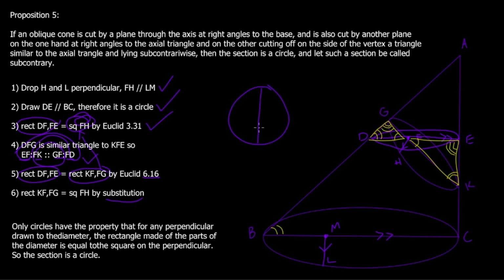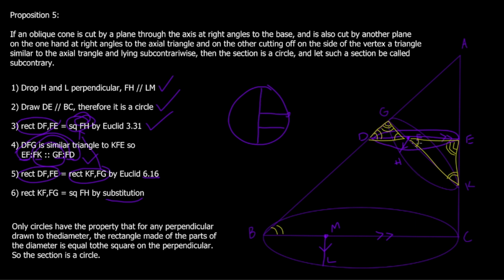So when I talked about this strange square on one side, rectangle on the other side, circle argument in Euclid, it's also sort of a defining property of circles that this property holds no matter what point on the circle you choose to drop a perpendicular from.